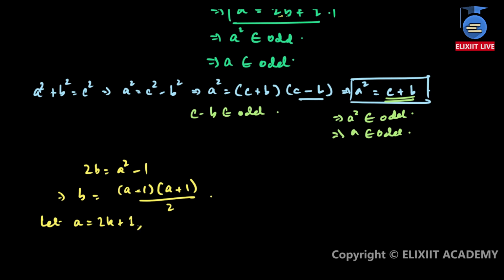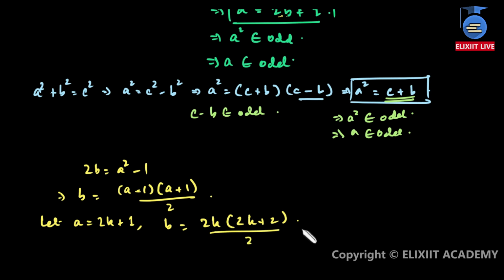If you put this value over here, B is basically (2K plus 1 minus 1), which is 2K, into (2K plus 2), divided by 2.